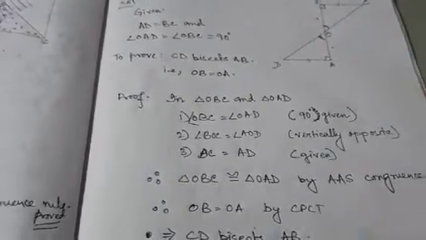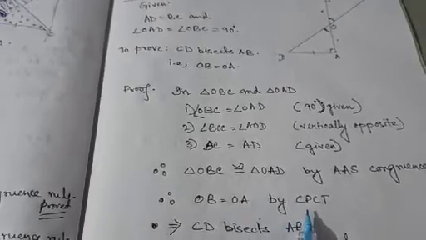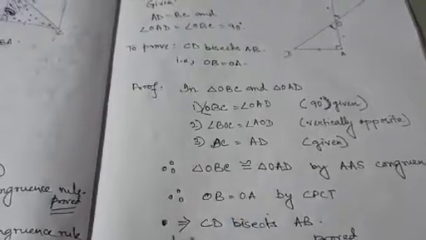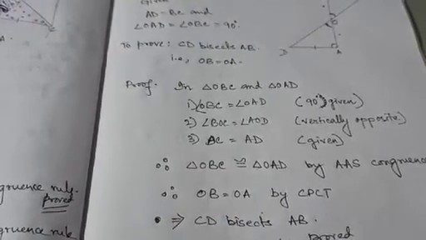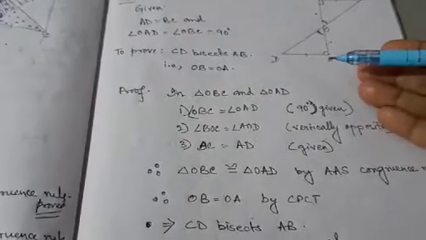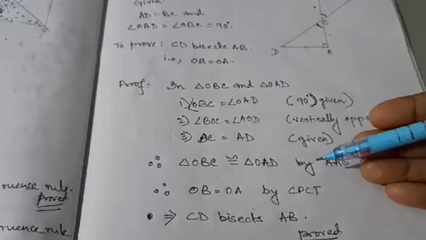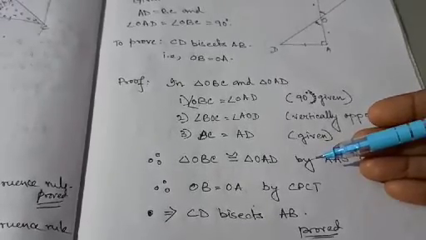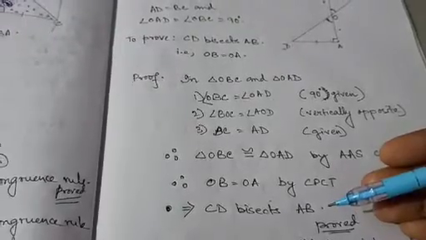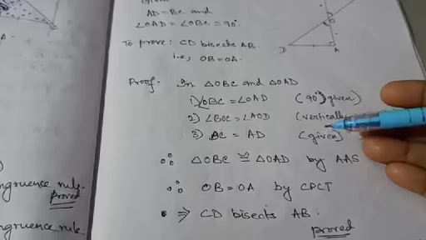So we can write therefore OB is equal to OA by CPCT, that is corresponding parts of congruent triangles. This implies that CD bisects AB. So first we proved that the triangles are congruent to each other. Then using CPCT, we can say that OB is equal to OA. Hence CD bisects AB. So this is our third sum of the exercise 7.1.